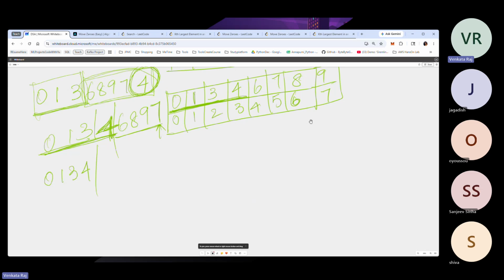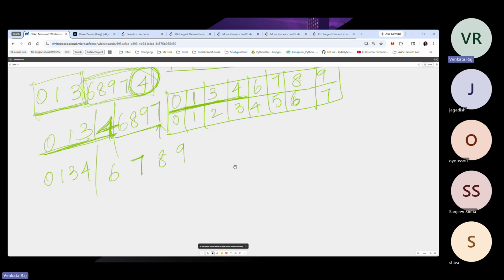Now 7: whatever is lesser than 7, I will place it on the left. Greater than 7, I will place it on the right. Now you see, when you compare this and this, we have reached the right position, but while doing this operation, we might not know sometimes that we have reached.